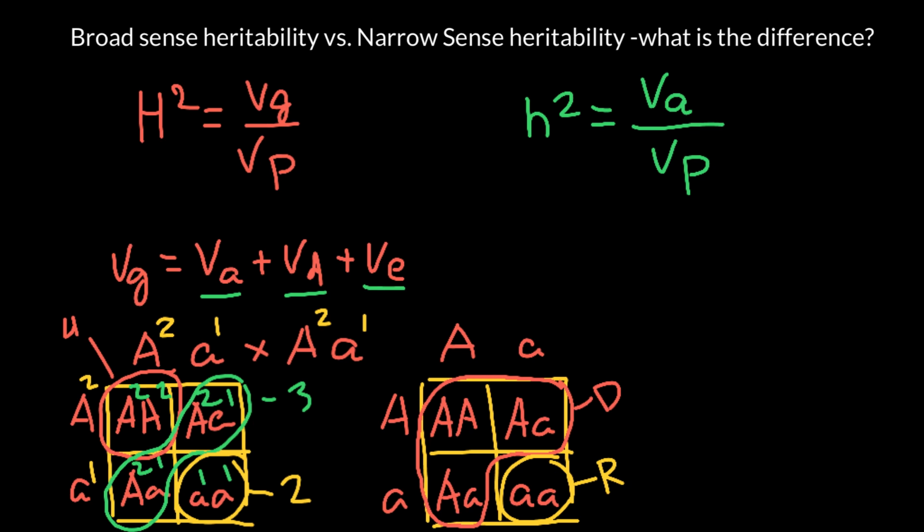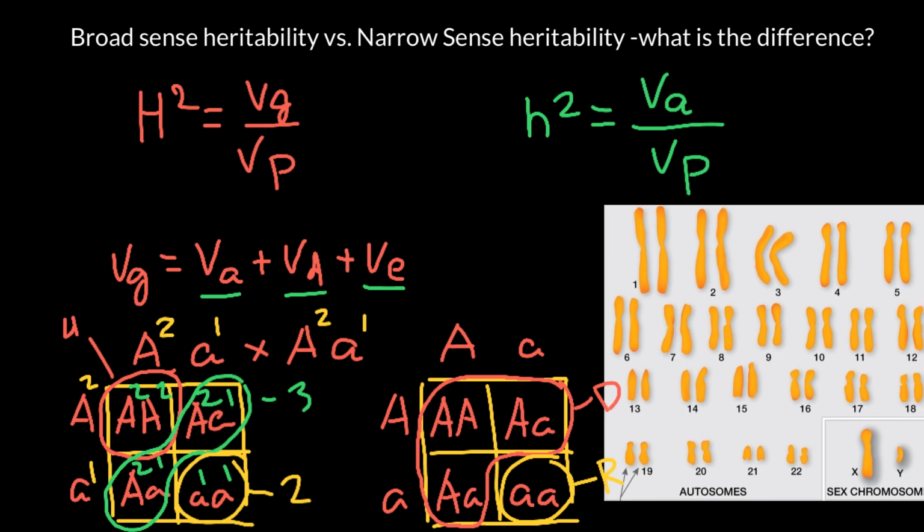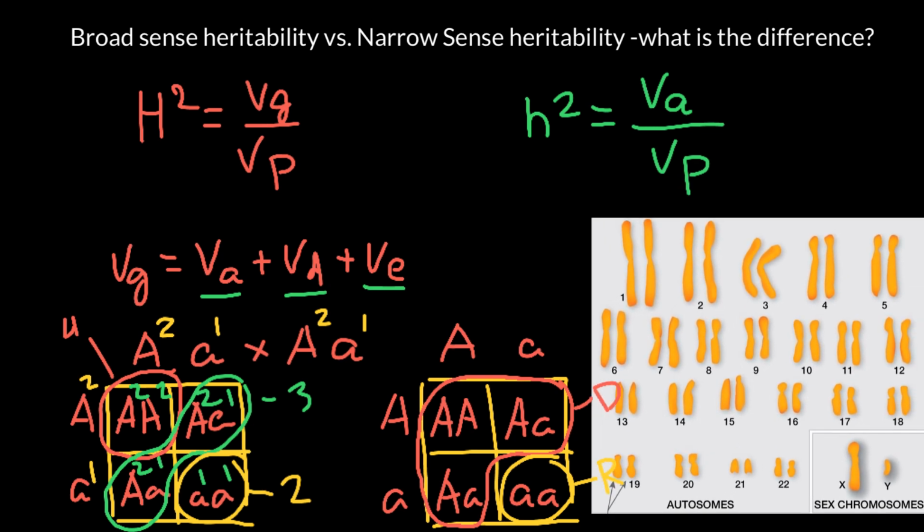And now let's take a look at this picture. So basically what we see here are 23 pairs of chromosomes. Now imagine that we have 2 genes.